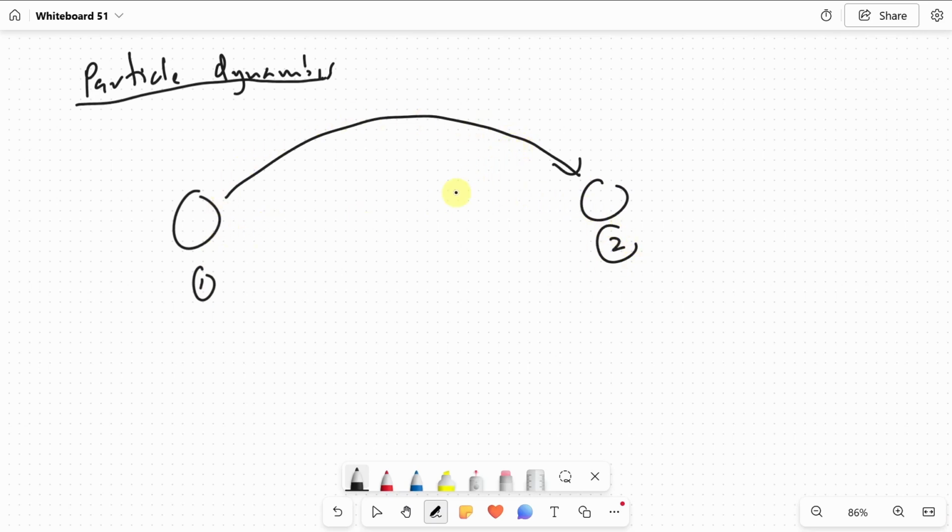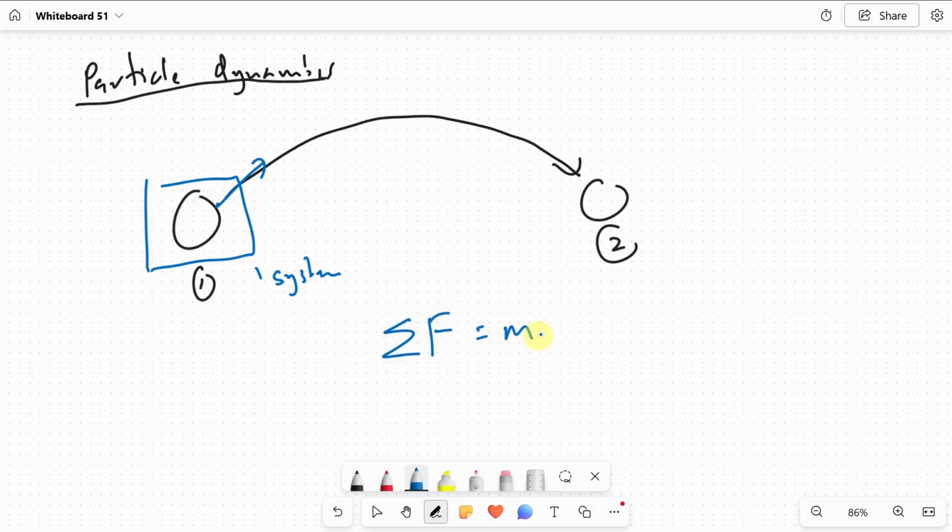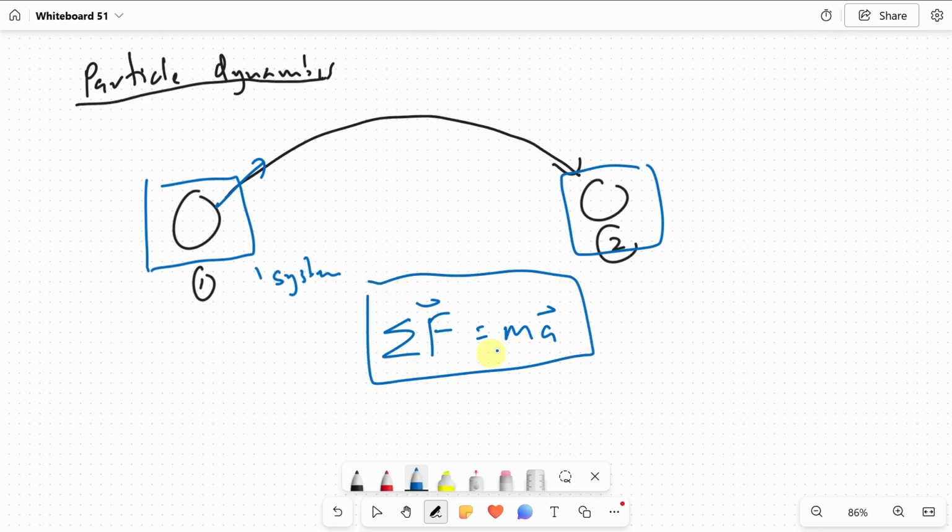So basically, in particle dynamics, we take this as a system. This is our system. So we can apply Newton's second law equation, F equals ma, to this system, and you can find what happens at point 2 based on your application of Newton's second law.